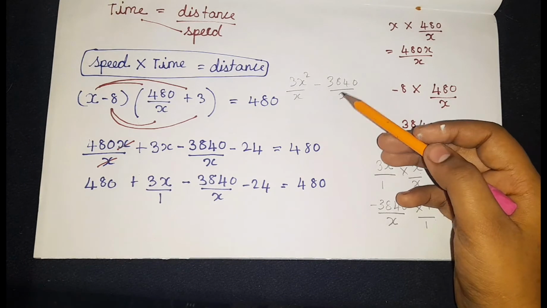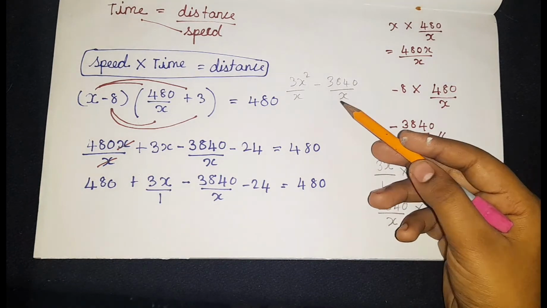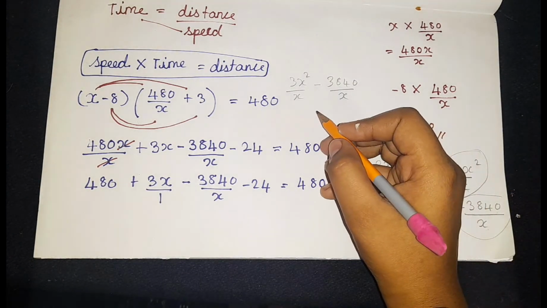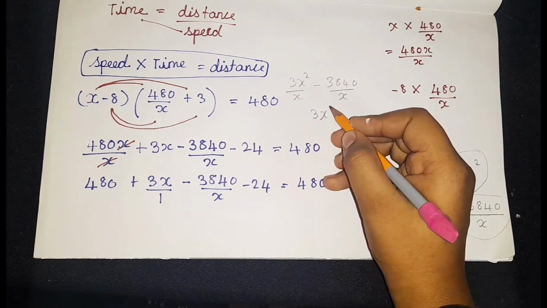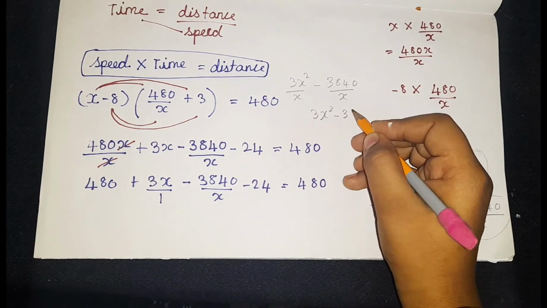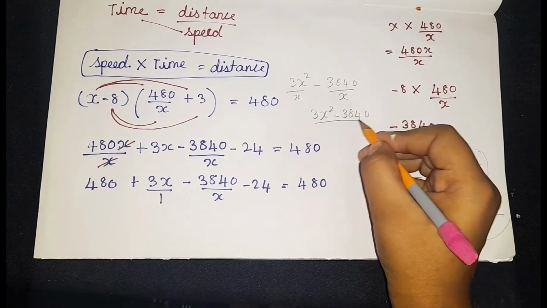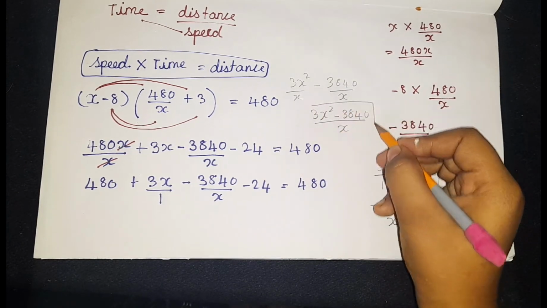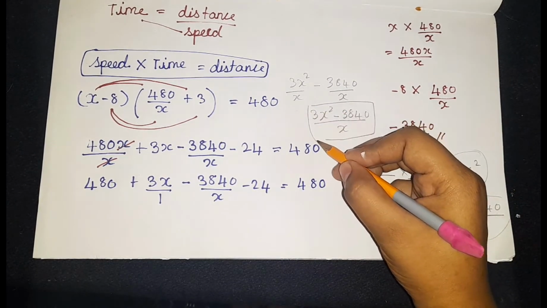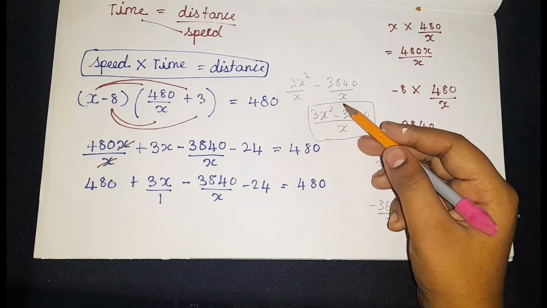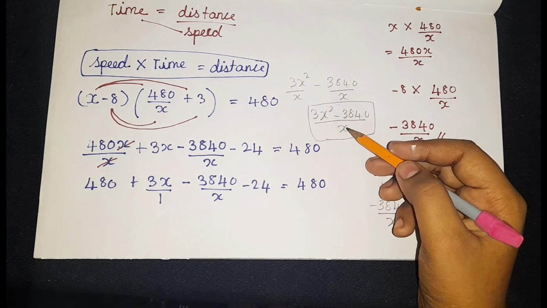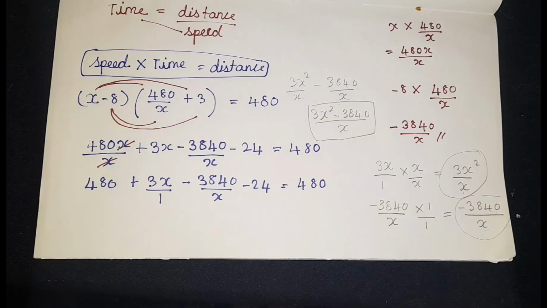So here both the denominators are similar, am I right? So we can just write it as 3x square minus 3840 divided by x. Why? Because both the denominators are similar, so I just wrote x as common. Okay. I hope you guys understood this.